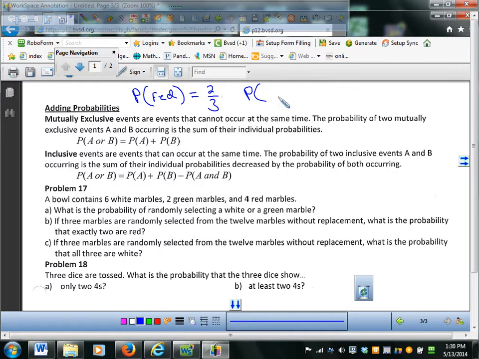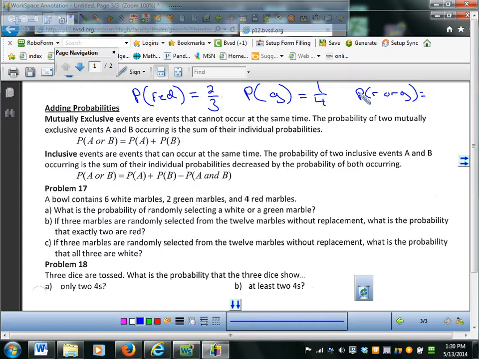The probability of you getting a green marble out of a bag is 1 out of 4. What's the probability of getting a red or a green? You add those two fractions together, okay?